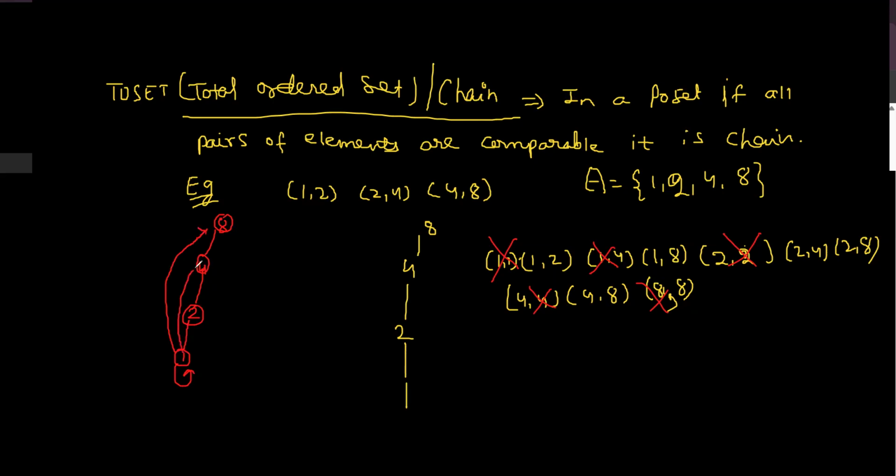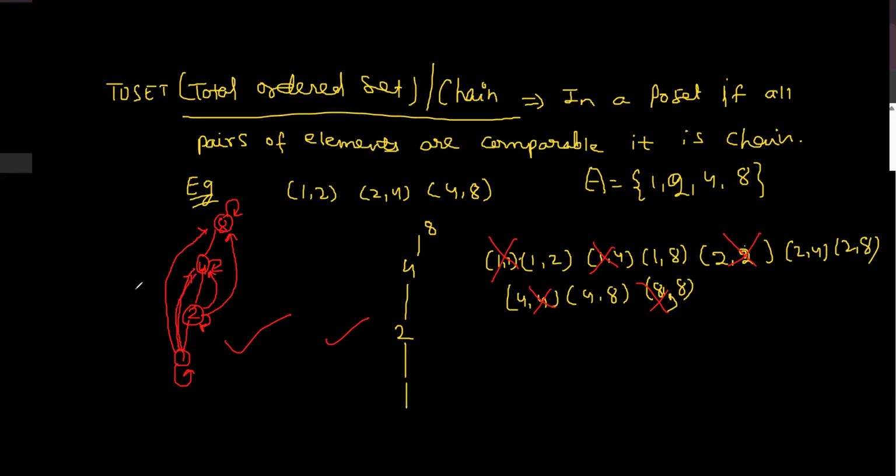1 is also related with 8. 1 is also related with 4. 2 is related with 2. 2 related with 4, 2 related with 8. Right? So this diagram and this diagram are the same. But you have to first remove all the reflexive pairs, then remove transitive pairs, because if 1 goes to 2, 2 goes to 4, then no need to write 1 to 4.